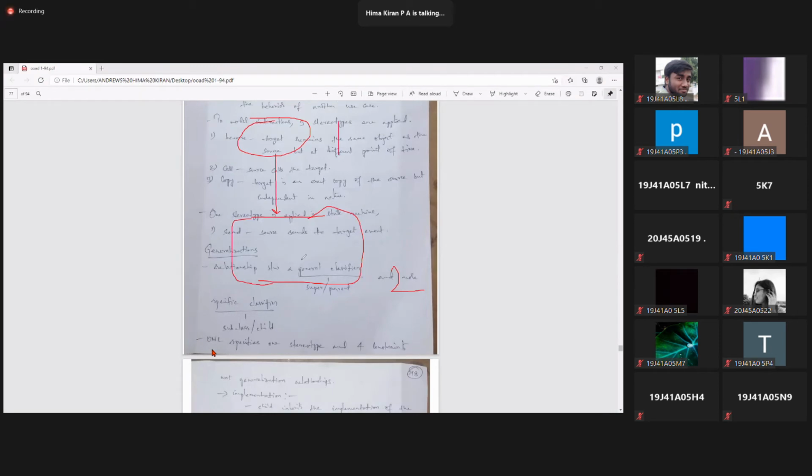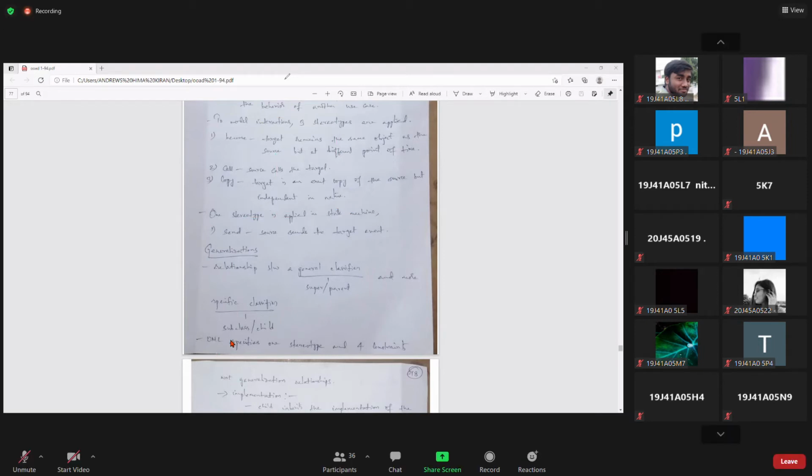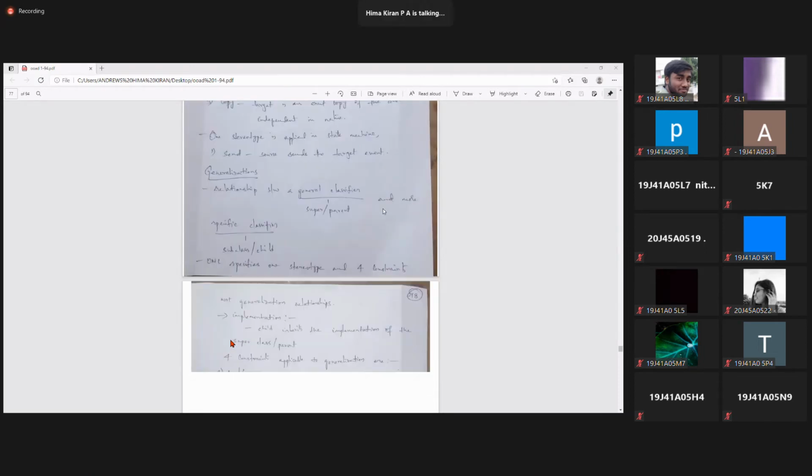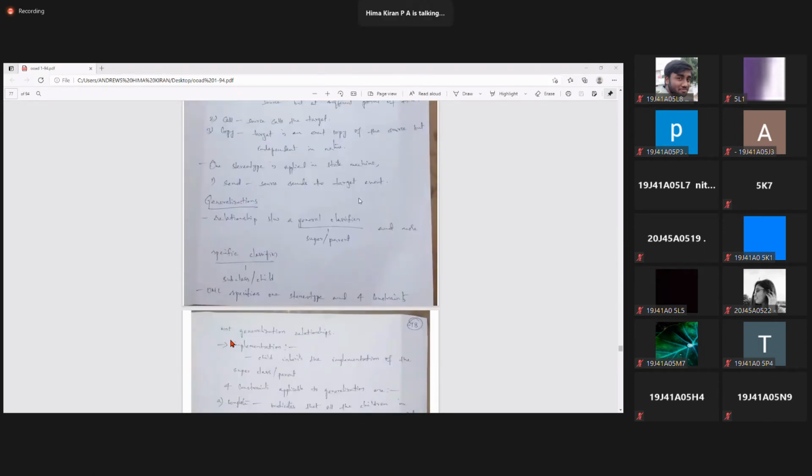Okay, that is called a state machine. We have the separate unit for these state machines as well, and so source sends the target event. That means the vice versa. Normally, target sends the source here, whereas in the concept of state machines, source sends the target.